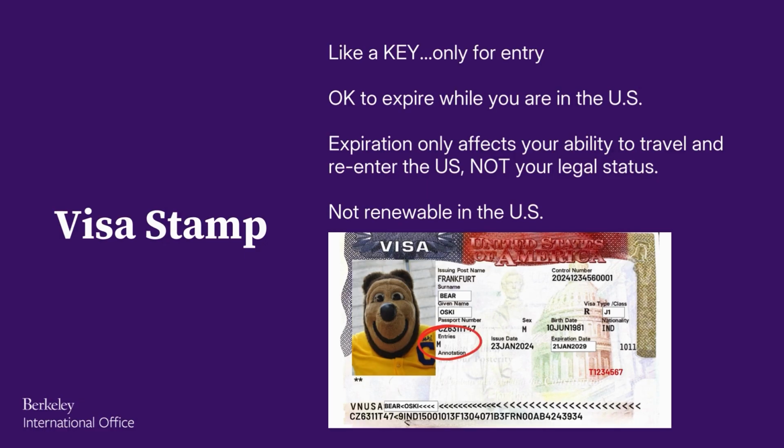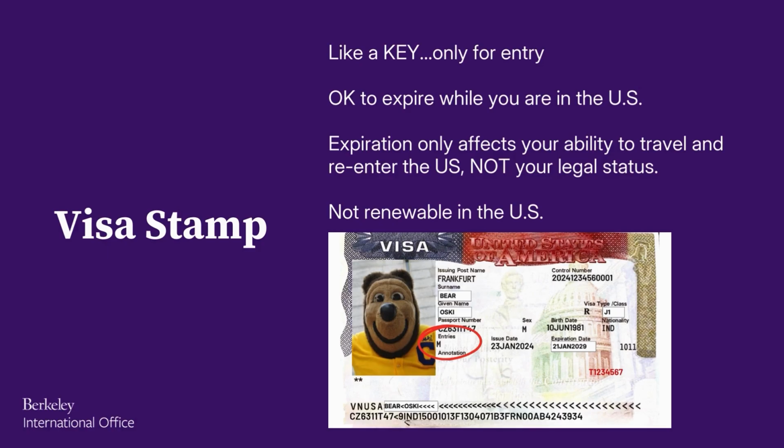Also check your visa for the section marked Entries. If you have the letter M for multiple, it means that between the start and end date on your DS-2019 and before your visa expiration date, there is not a limit to the number of times you can enter and exit the U.S. using that visa stamp. Some of you may instead have a number listed under the section Entries.